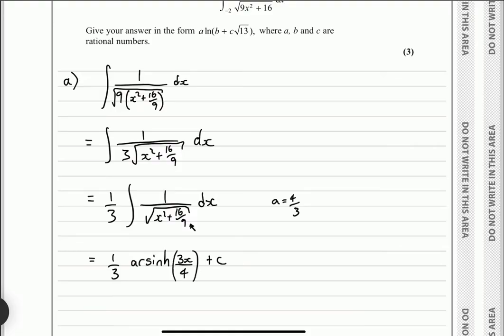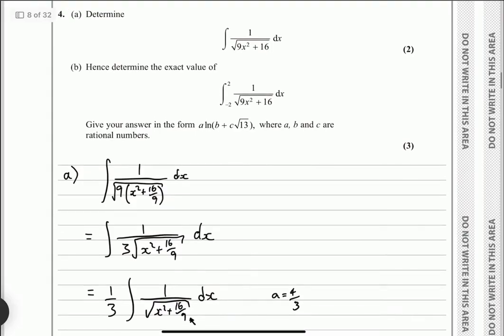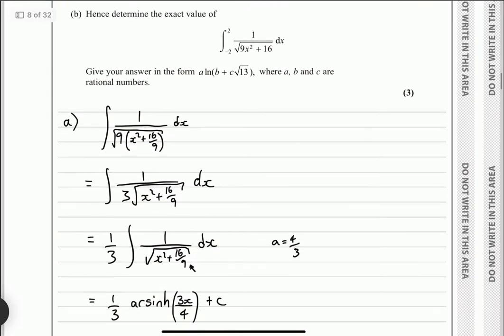plus c. Part B says, hence determine the exact value of this thing from minus 2 to 2, giving your answer in the form this. Okay, I've just said that this is arcsin, but don't panic, because in the formula booklet it also gives you the logarithmic version of this.